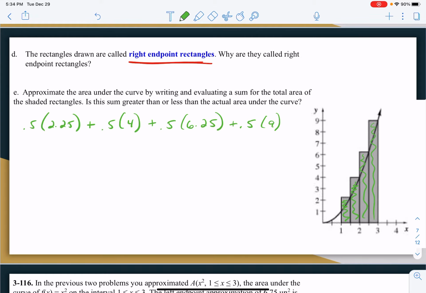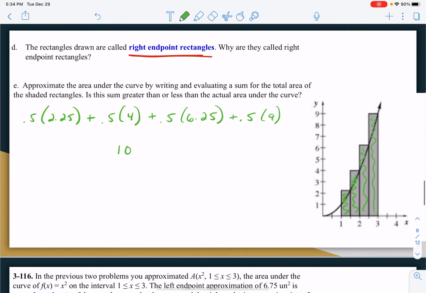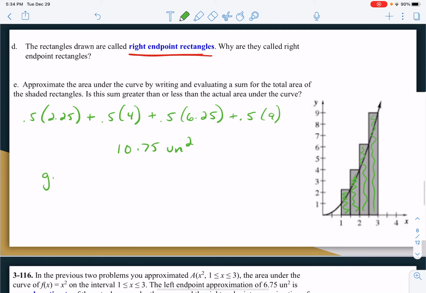So when I add those areas together, I get 10.75 square units, which is definitely greater than the actual area under the curve.